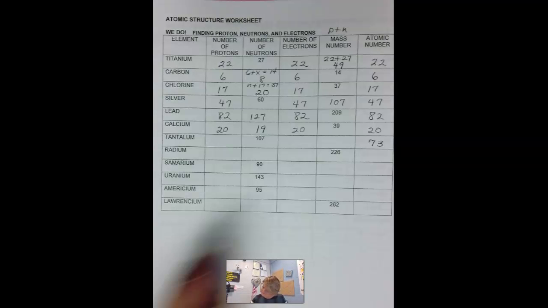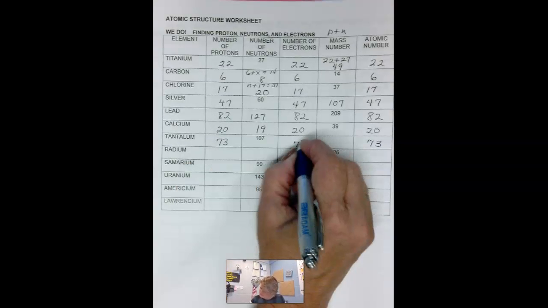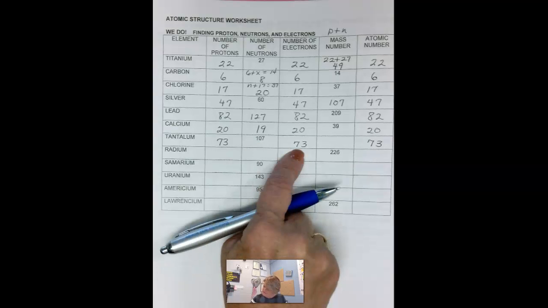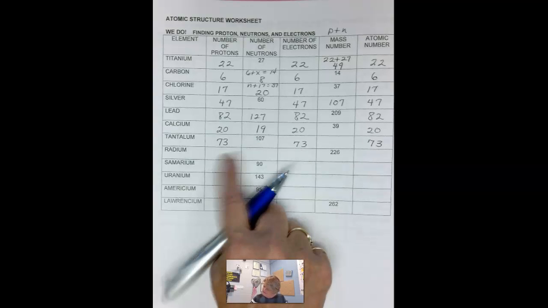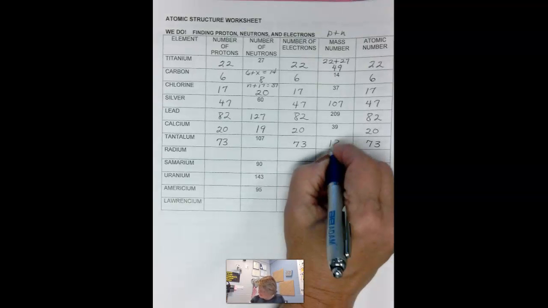Again, pause if needed. So that gives you 73 protons, 73 electrons, and if I have 107 neutrons, 73 protons, we're going to add the two together. That gives me 180.